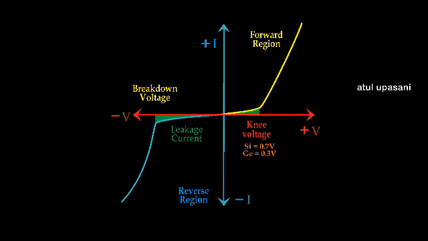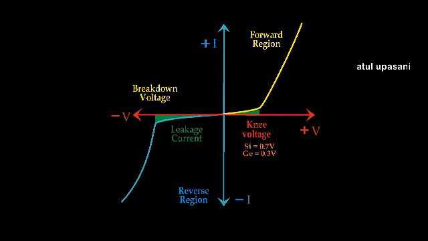Here what is happening is that when the voltage is increased, the depletion layer gets wider, so the junction resistance increases.